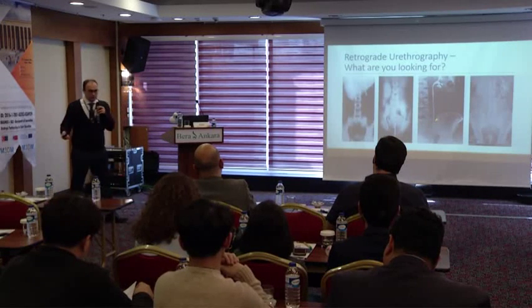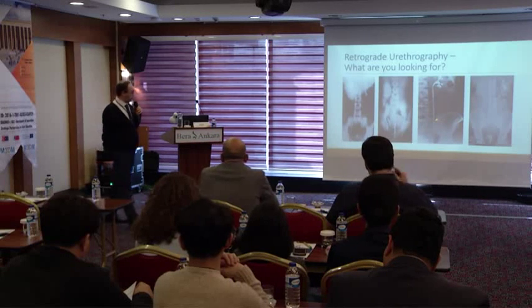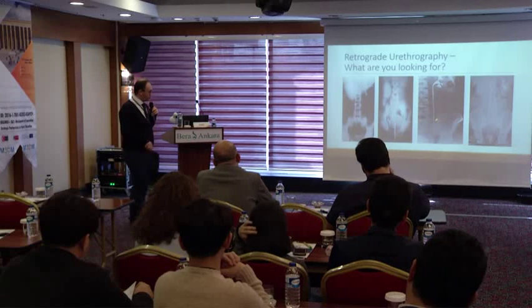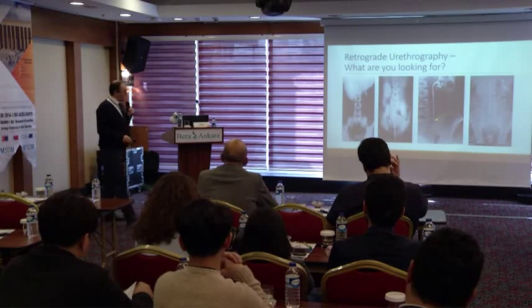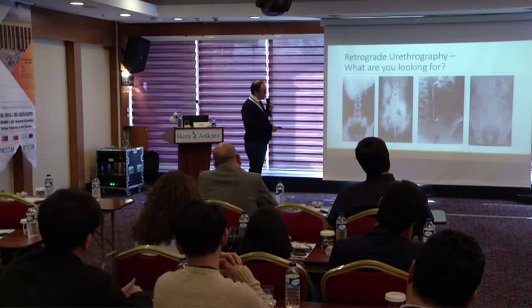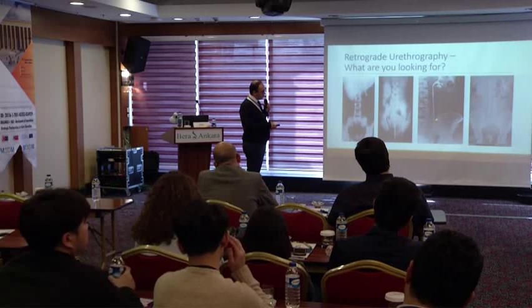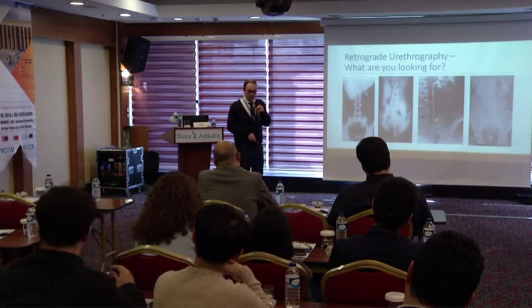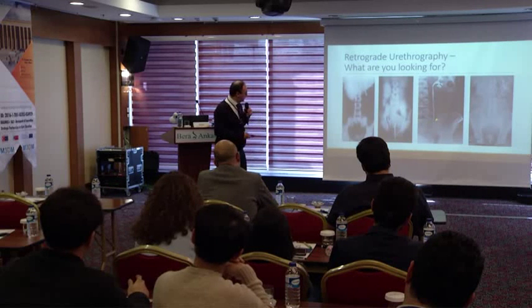So what are we looking for in retrograde urography? This is a normal KUB X-ray. As we see from here, this is a normal ureter, and we see a pathognomonic UP obstruction in here.